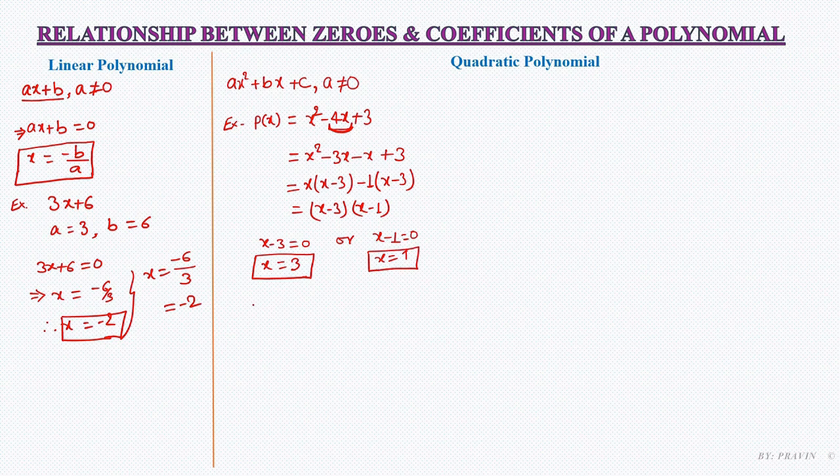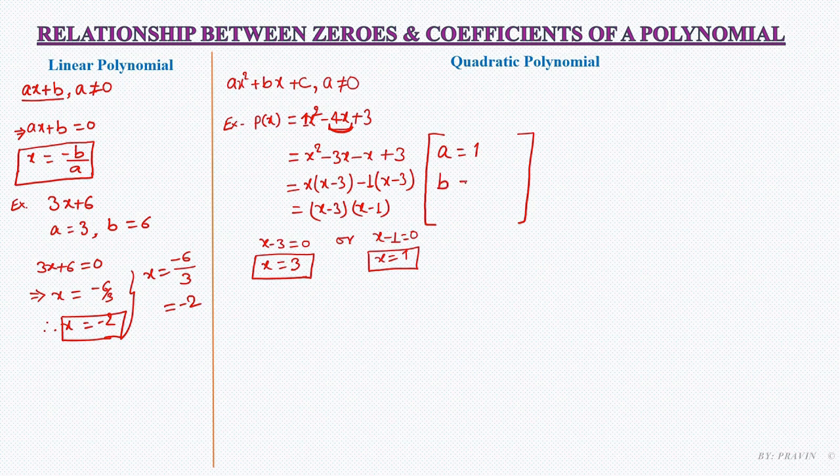Now let's try to find the relationship between these zeros 3 and 1 and the coefficients. If you compare x square minus 4x plus 3 with the standard form, I am writing here in a separate box that a is equal to 1, because here nothing is written, it is 1.